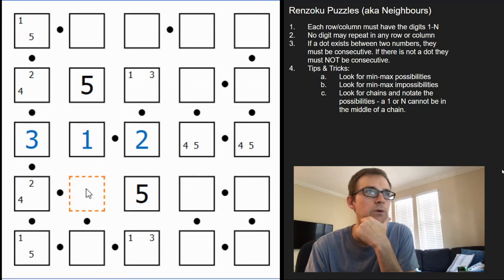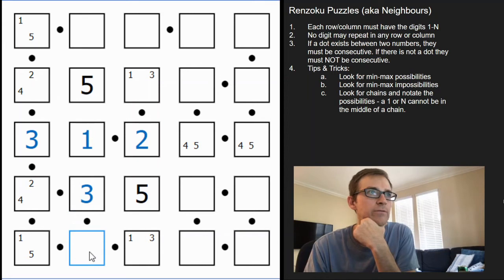This can't be a 1, can't be a 4, so that's either got to be a 2 or 3. And that's going to be solved because this number has to be consecutive with that number. So this has to be a 3, right? Because if it's a 2, this would either have to be a 1 or 3, and it's not. So that must be a 3.